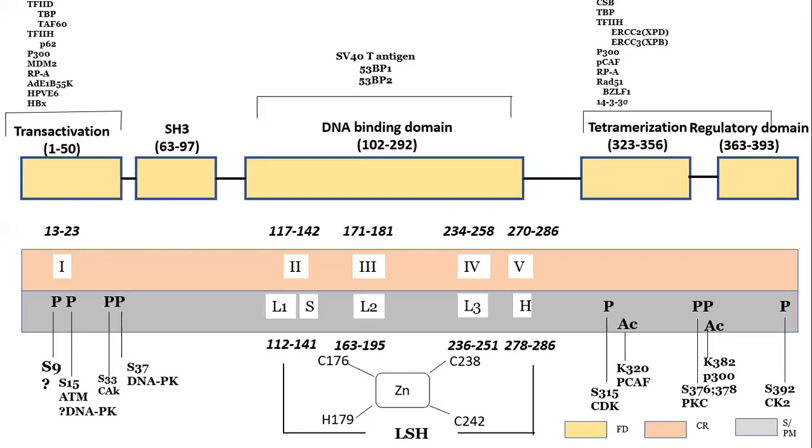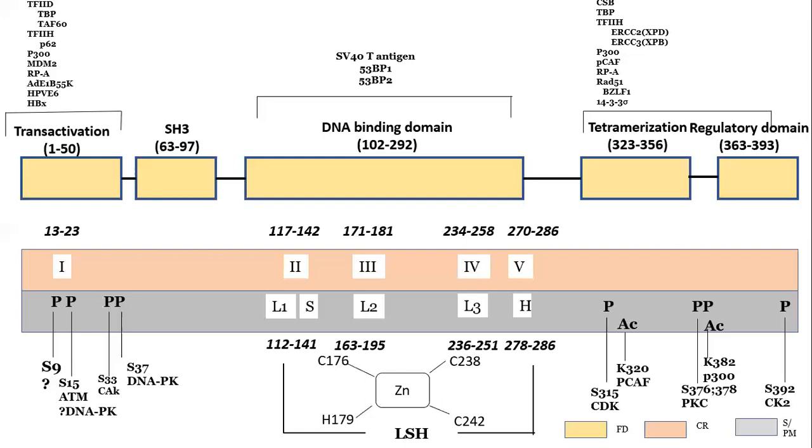Now we should discuss the central domain, which is the largest domain of p53, and this is the DNA binding domain. It ranges from amino acid 102 to 292, and this region has some conserved regions also: from 117 to 142, and also 171 to 181, 234 to 258, and 270 to 286.